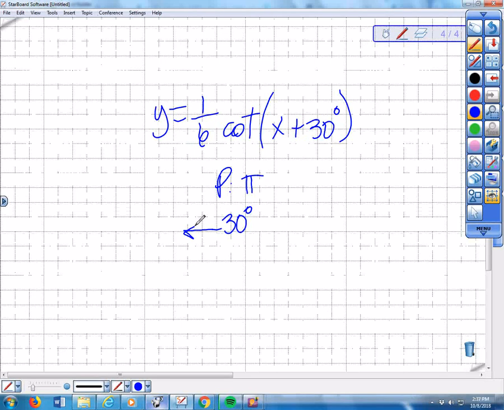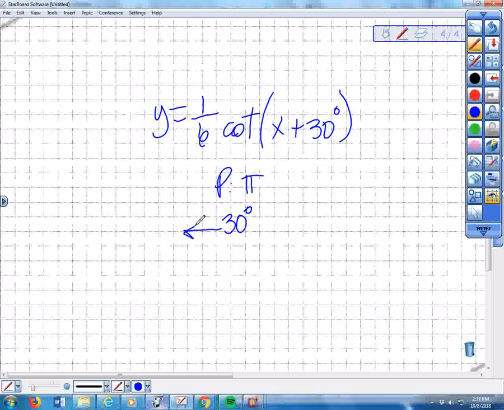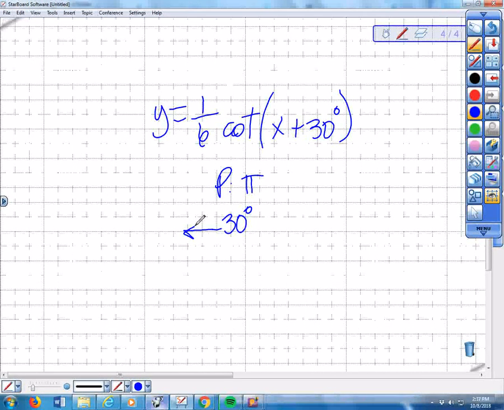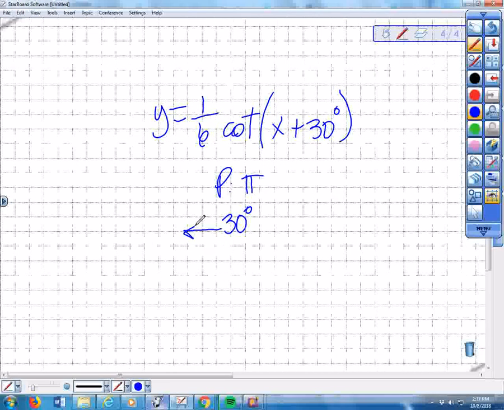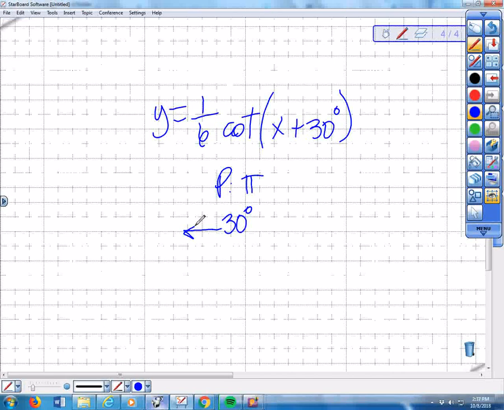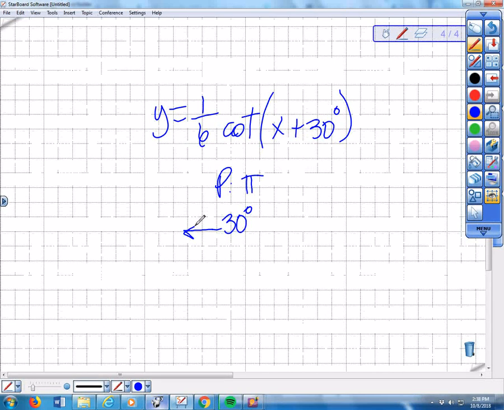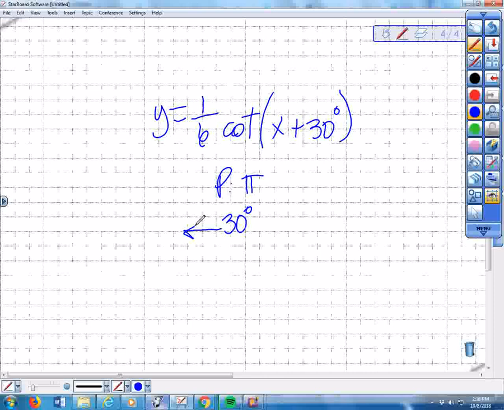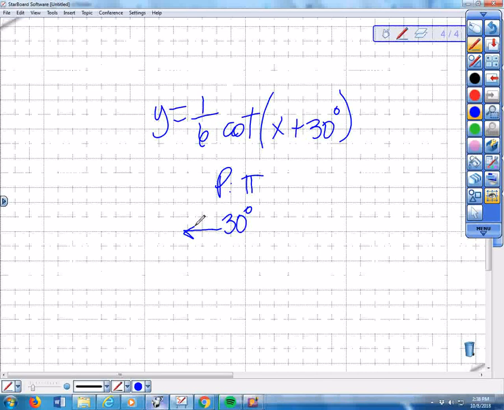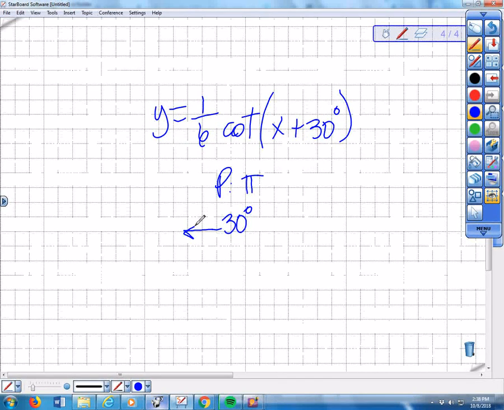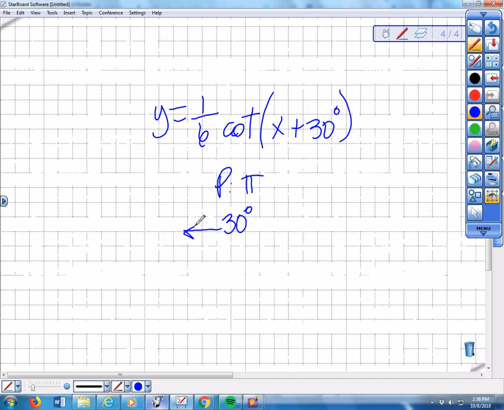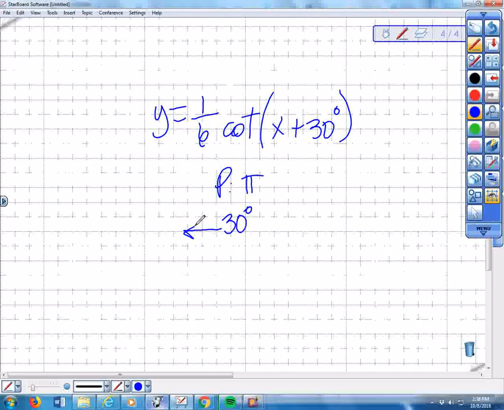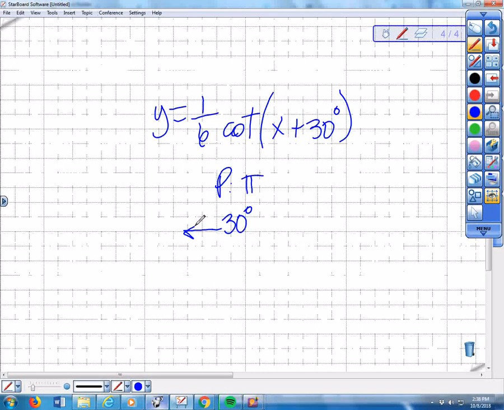Okay, so period doesn't change, but every time there was an asymptote before, which happened any time cosine is 0, so the asymptote happens at pi over 2, 3 pi over 2, 5 pi over 2, 7 pi over 2, any odd iteration of pi over 2. Now that pi over 2 asymptote shifts over pi over 6, or 30 degrees. In degrees it's easier, because the asymptote's happening at 90, 270, and so on.